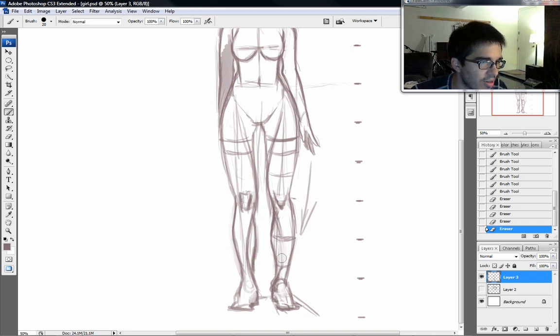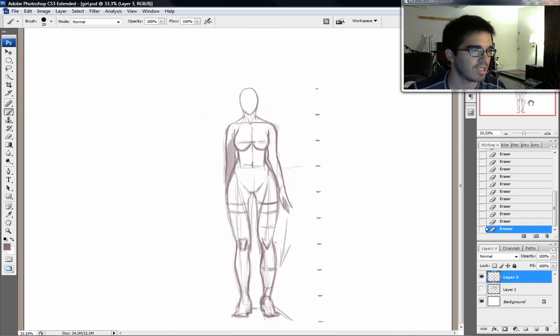And then erase your guidelines, because obviously that bone doesn't show. See? So now let's check this out. So now we have our lady right there. She's actually looking pretty. Her hips are looking quite large. But always remember, the hips always come out.